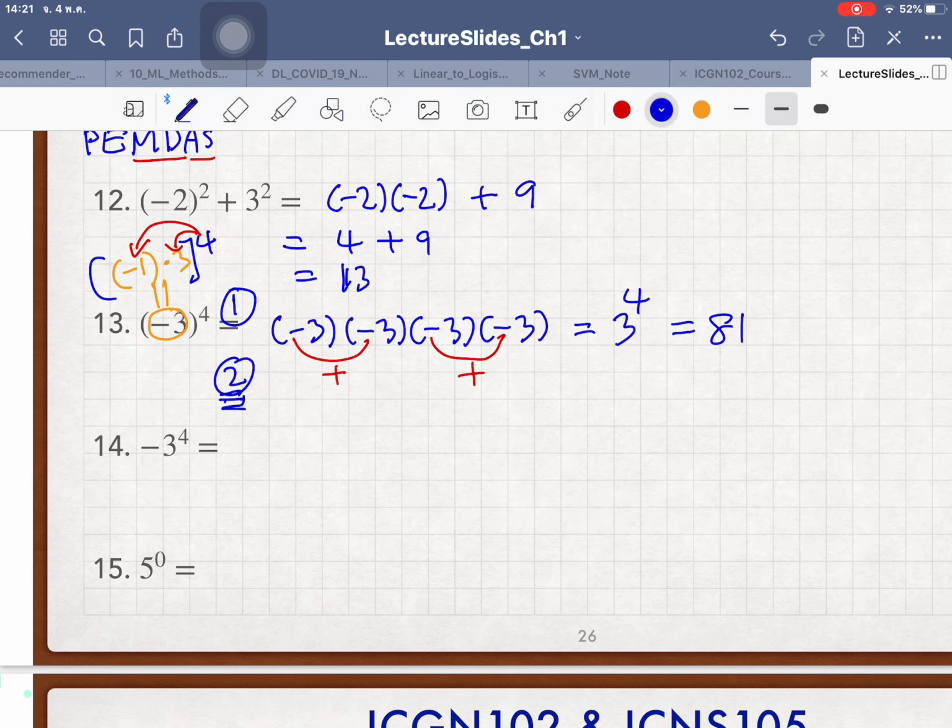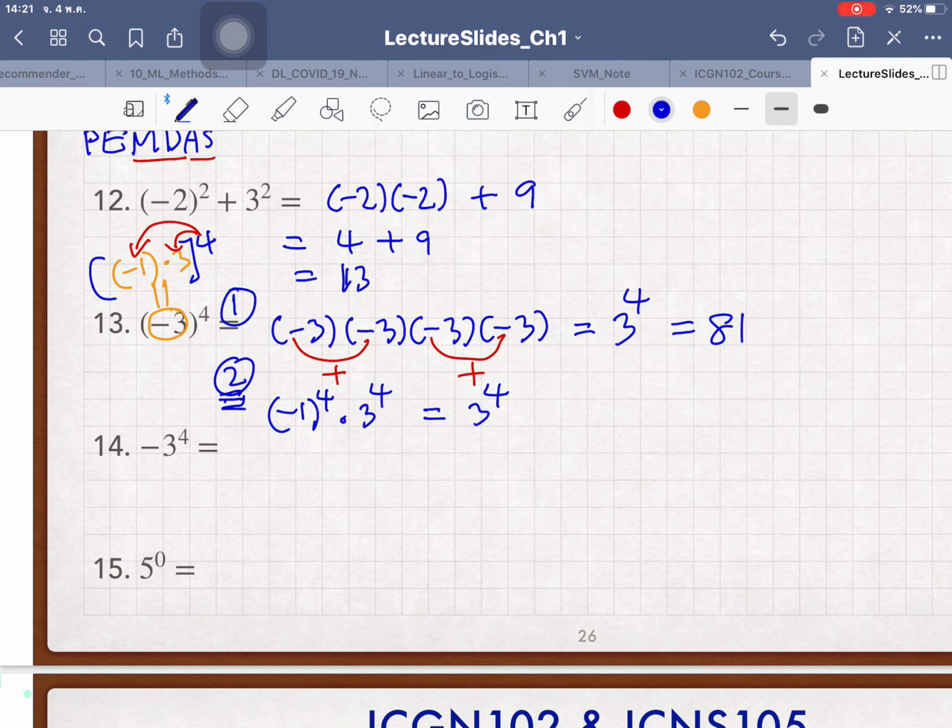This will give you minus 1 to the power 4 multiplied with 3 to the power 4. The number 4 is an even number. So when you take an even power of a negative number, you get a plus sign or positive value. So you're going to get just 3 to the power 4, and that's it.